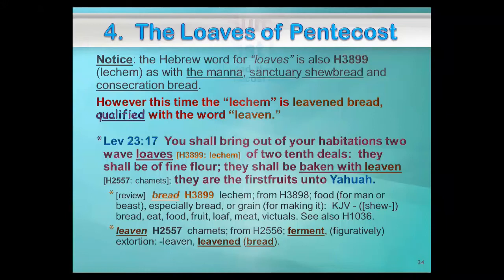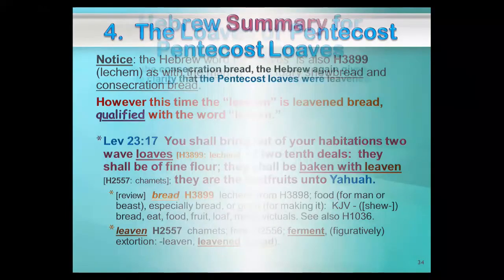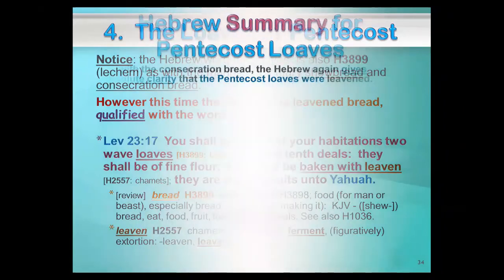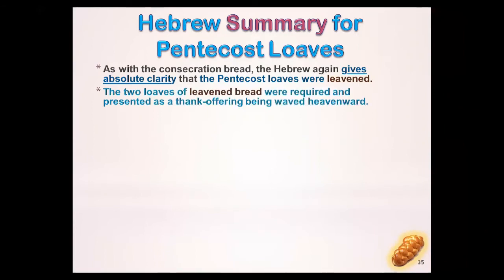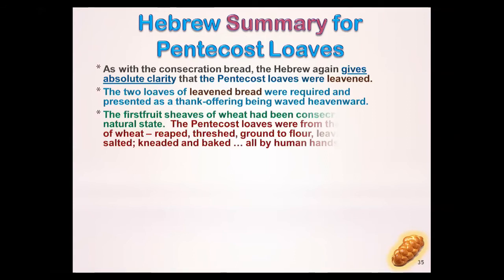So we can do a Hebrew summary for the Pentecost loaves. Just like with the consecration bread, the Hebrew again gives absolute clarity that the Pentecost loaves were leavened. We don't have to make any assumptions at all. The 2 loaves of leavened bread were required, and they were presented as a thank offering being waved heavenward.